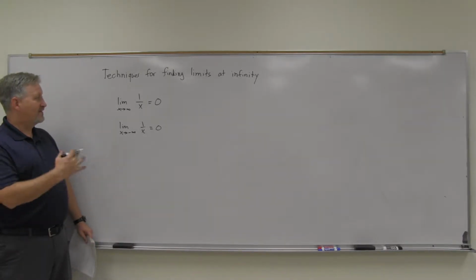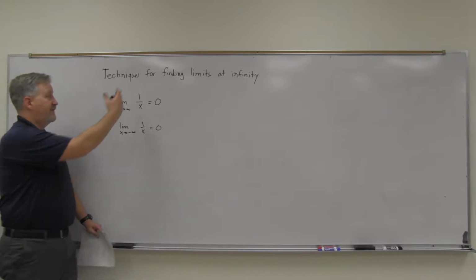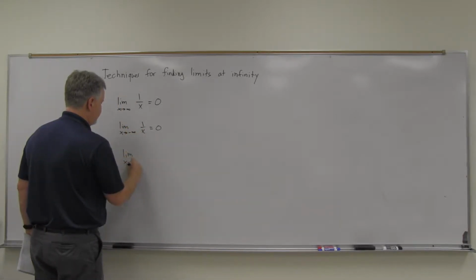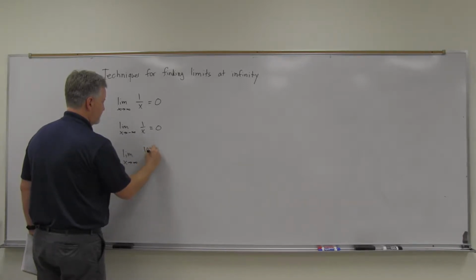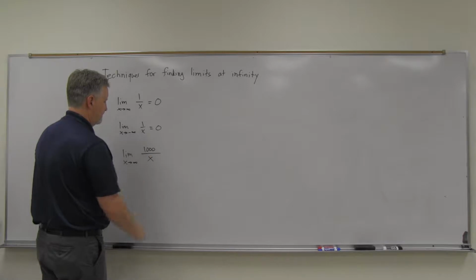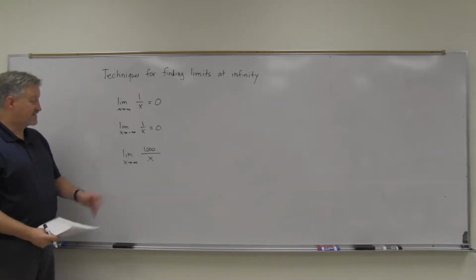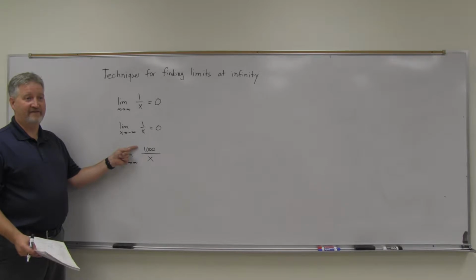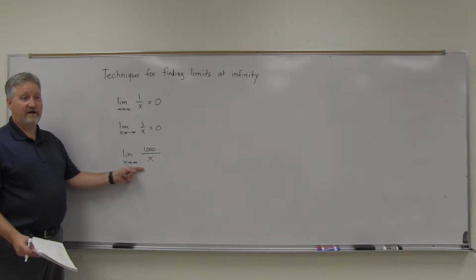Now, what if I change the number on top? Is that going to make a bit of difference? Let's make it a big number. x is still going to infinity. If I have a number here, like 1,000, I'm still dividing by x, and x is going to infinity.